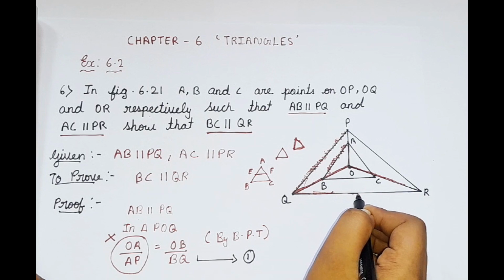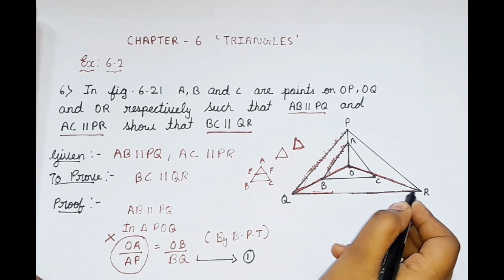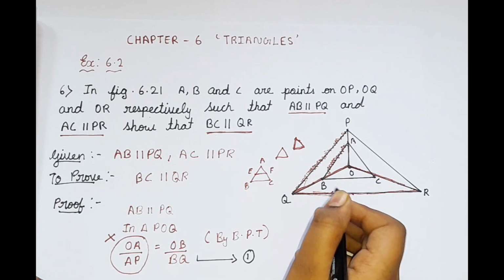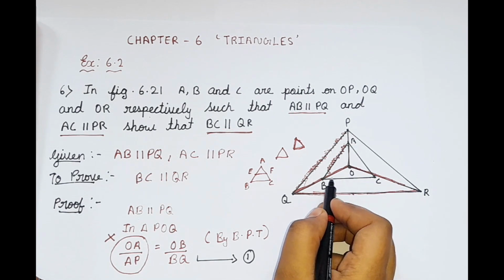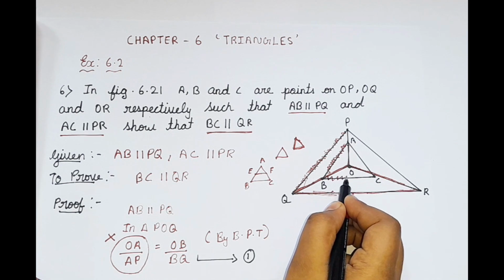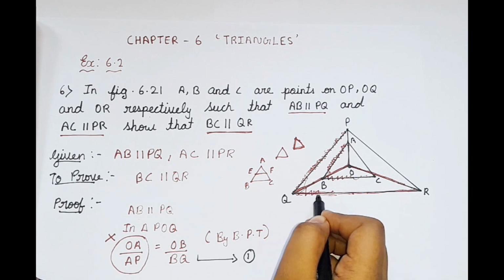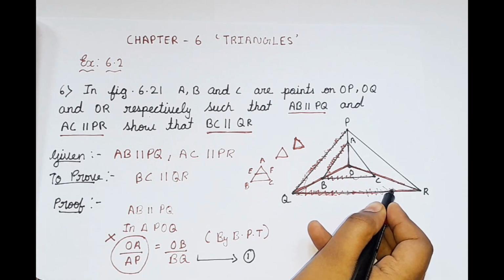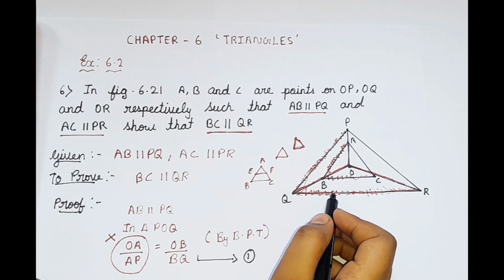They are lying in this triangle. So since they are lying in this triangle, what is the parallel line here? Here BC and QR are the parallel lines. So these both are parallel lines.